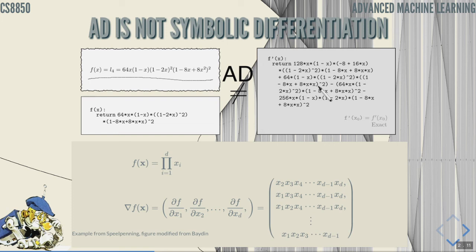So here's an example due to Spill Panning. Imagine that our function, a simpler example than a transformer, to see the problems with symbolic differentiation. Not just that, you have to do it by hand.